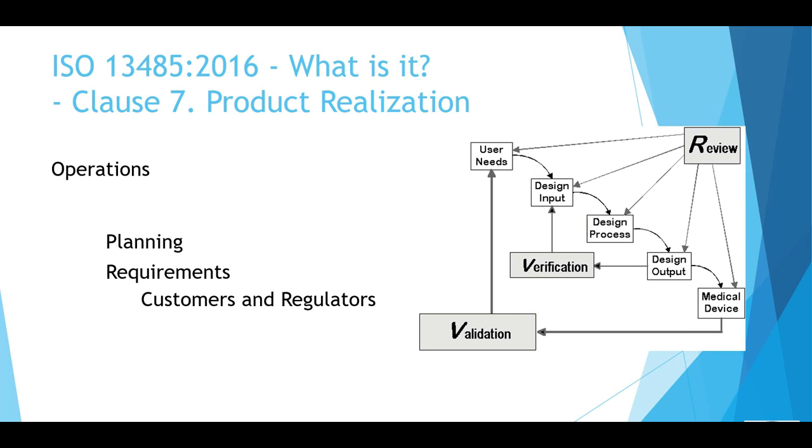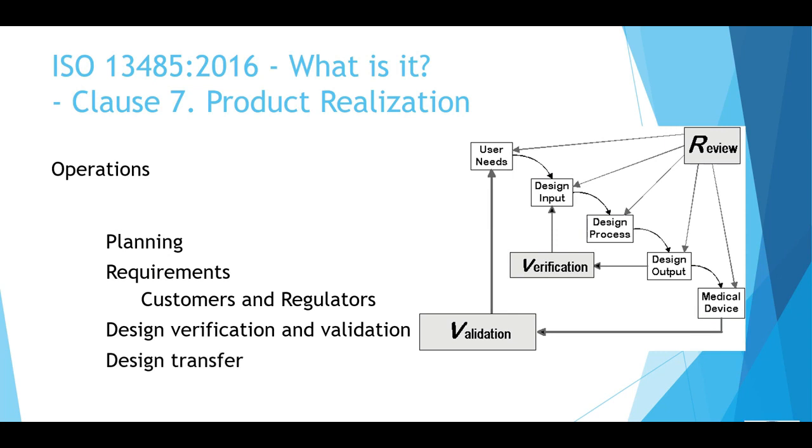You also have to establish design and development procedures and organize design and development activities. Effective verification and validation is a very important requirement at this stage prior to design transfer to manufacturing.